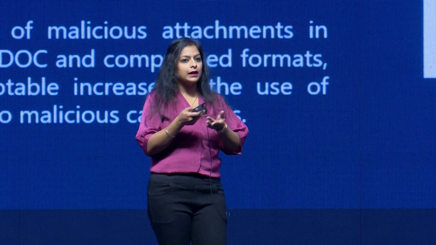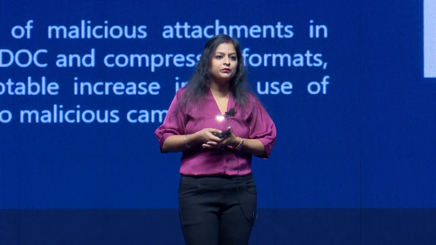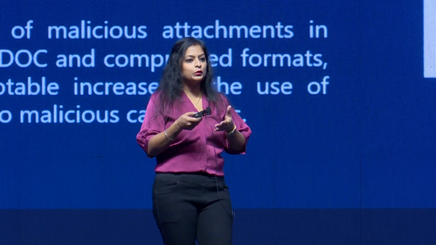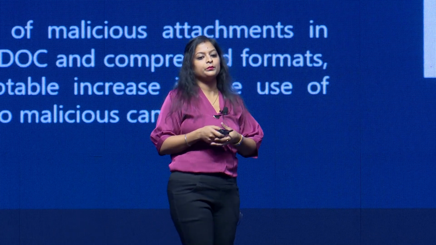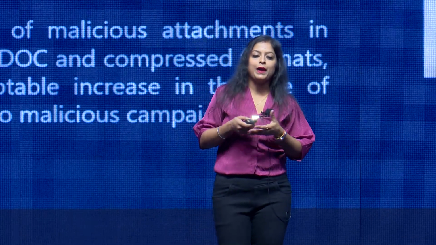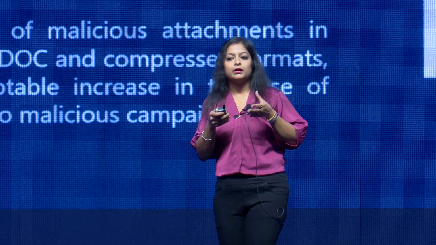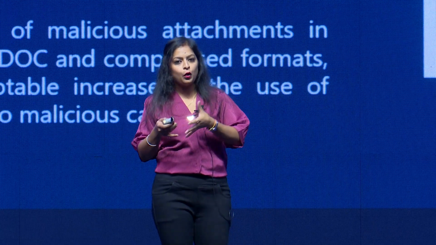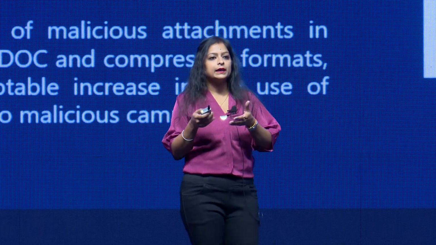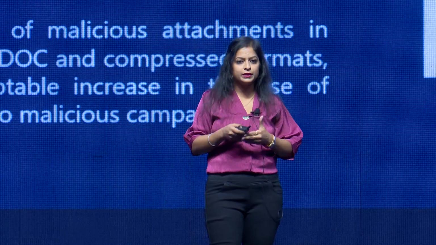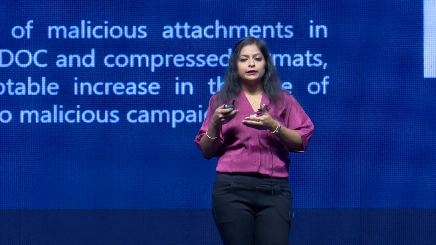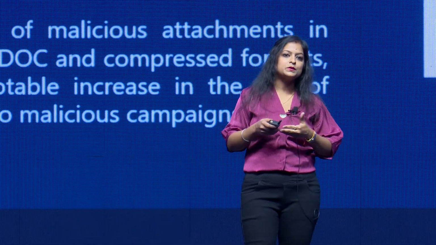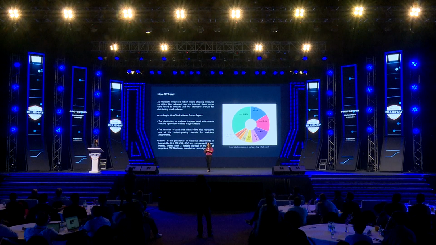So as I explained why non-PE vectors are important, let's see the trend of it. With Microsoft's macro blocking measures, the usage of Office files in emails has reduced. Now they are using different file types for spreading.